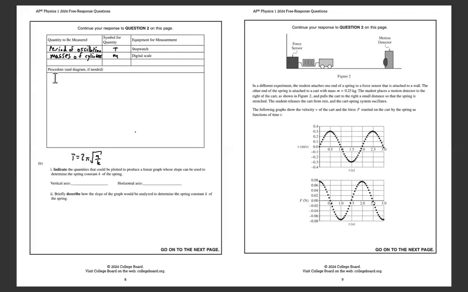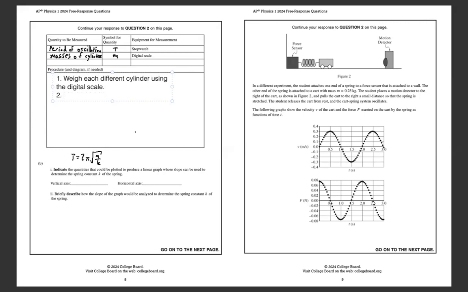So as we're writing our procedure, let's go ahead and refer to that. So the first thing that you're going to want to do is weigh the different masses using the digital scale. Weigh each different mass, each different cylinder using the digital scale.